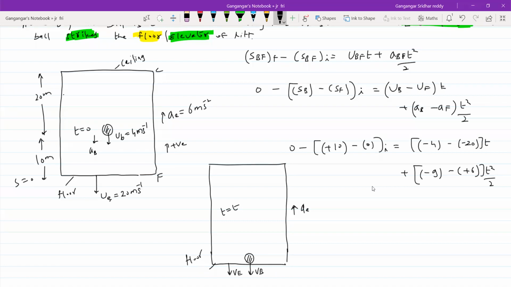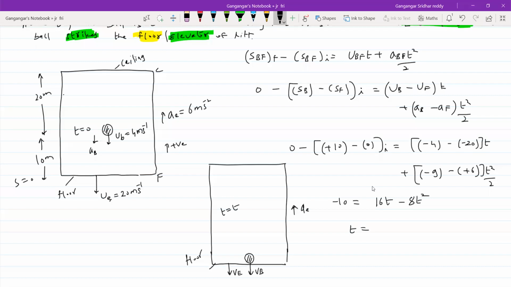Sir, all got negative. No, don't bother, if you want to take the direction as negative. So this will become minus 10. So this will be plus 20, 20 minus 4, 16t, 10 minus 10, 16 minus 8 t squared. Anybody value of t?